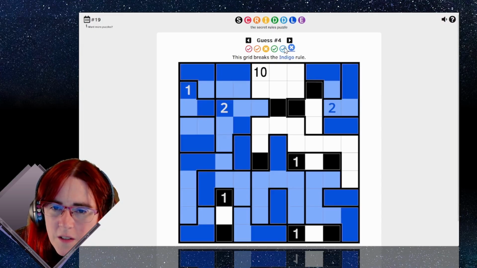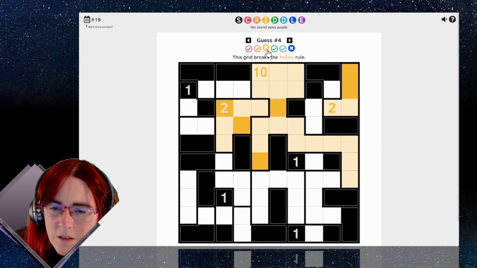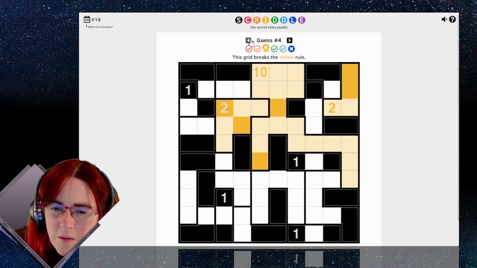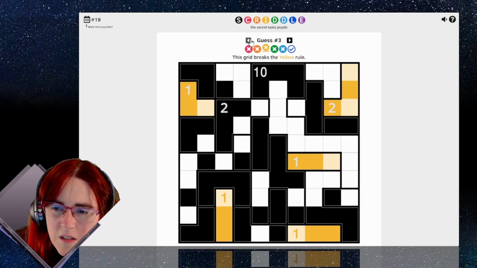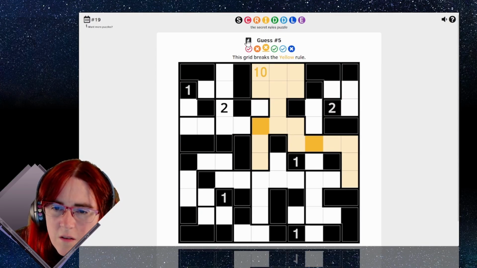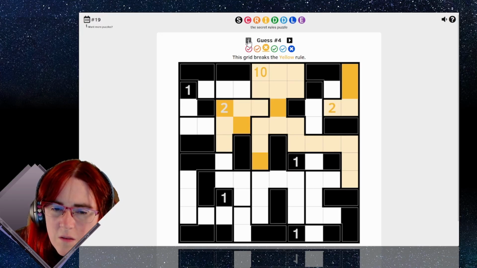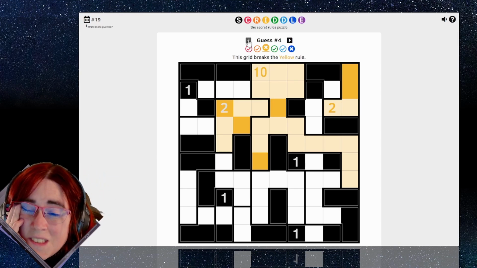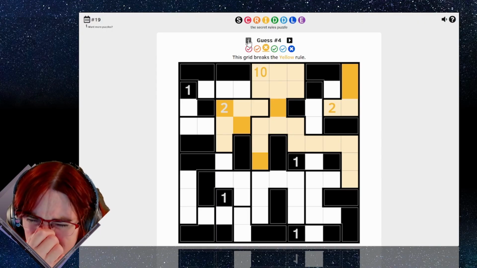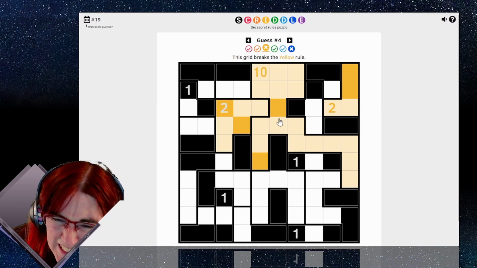So we want to look at yellow, because is that what this is about? The distance. Yeah. That seems to be the number plus 1 must be the distance between the two shaded cells? Really? Really?